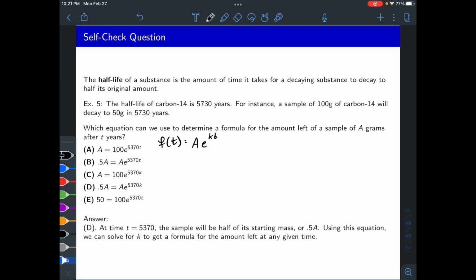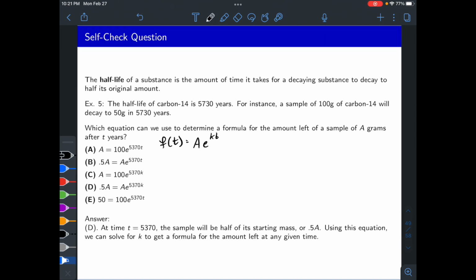Let's try to find our k value using this formula here. 0.5a equals a e to the 5,730k. We could divide both sides by a. When you're doing half-life or doubling time problems, your initial amount really does not matter for finding your k value. So we'll have 0.5 equals e to the 5,730k.